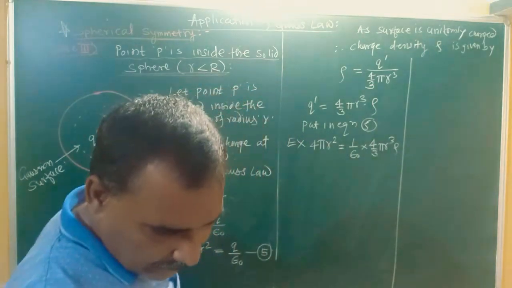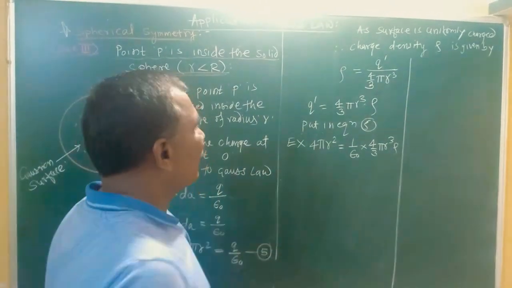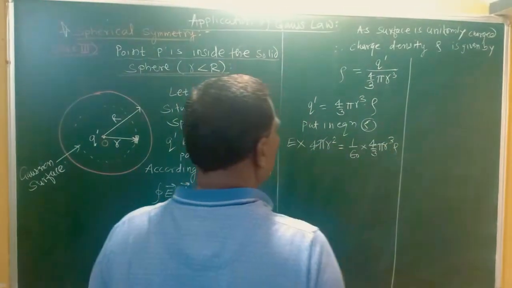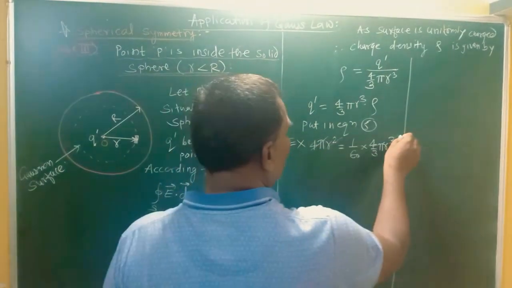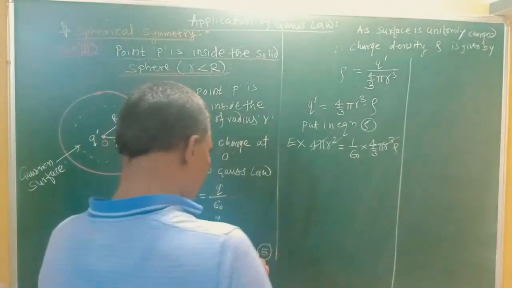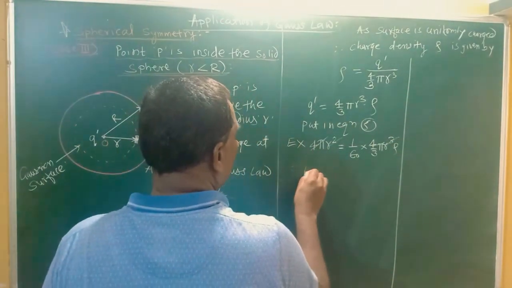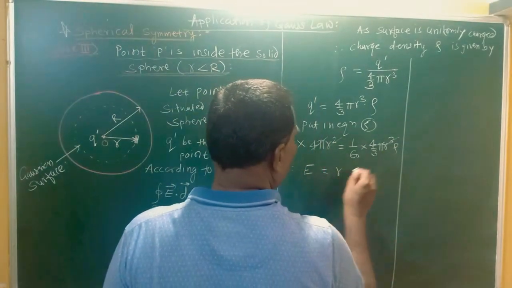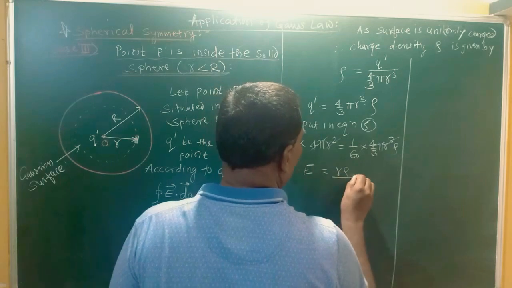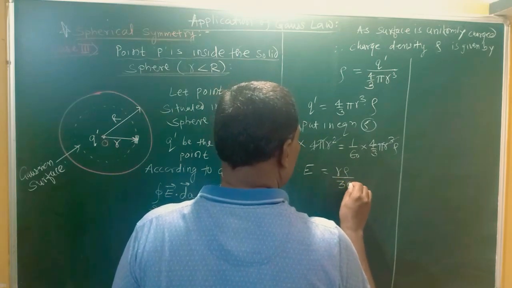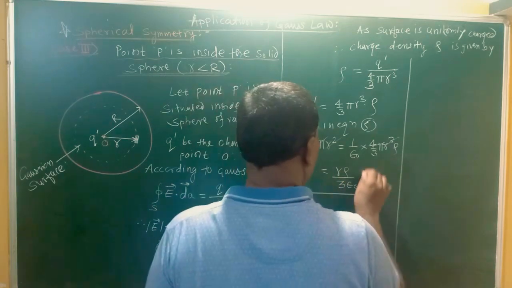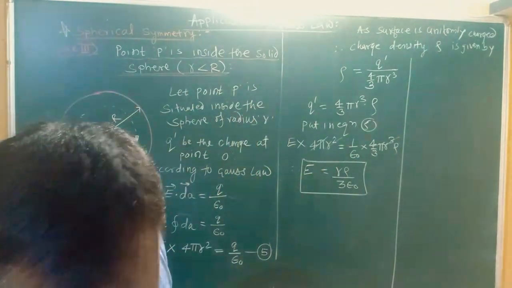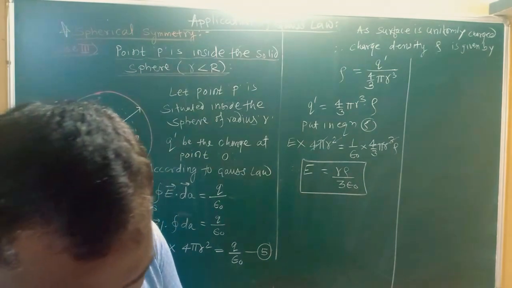Now 4 pi is cancelled with 4 pi, and r square is cancelled with r cube. The remaining factors give E equals small r into rho divided by 3 epsilon 0. This is the electric field intensity in terms of charge density.